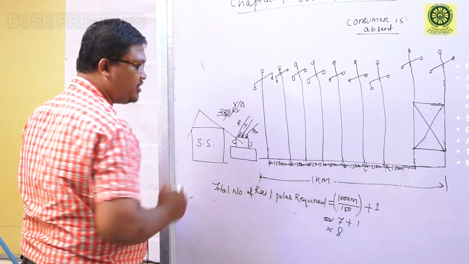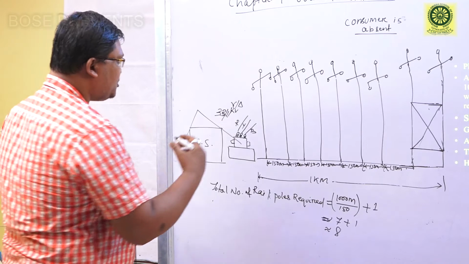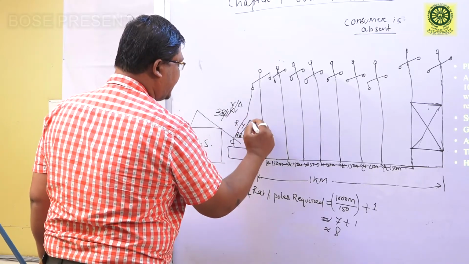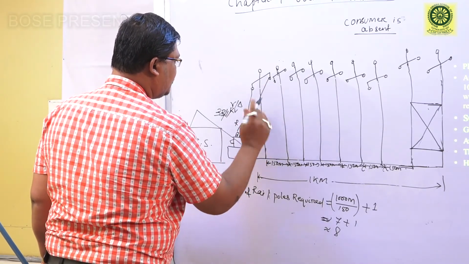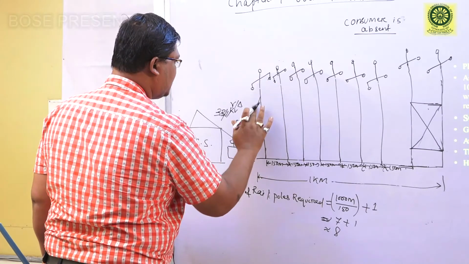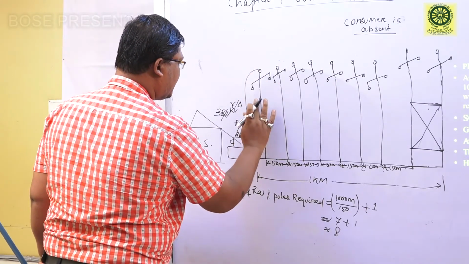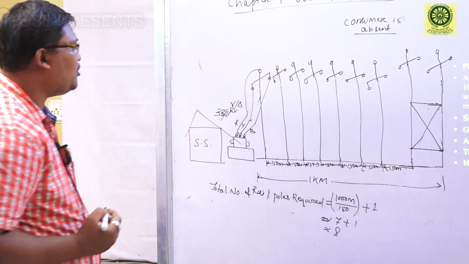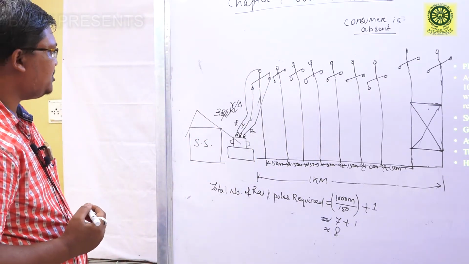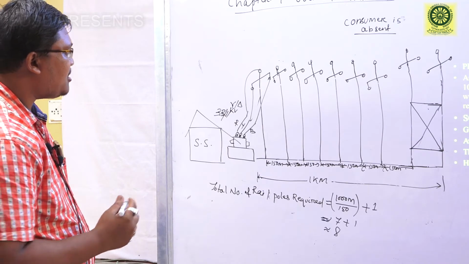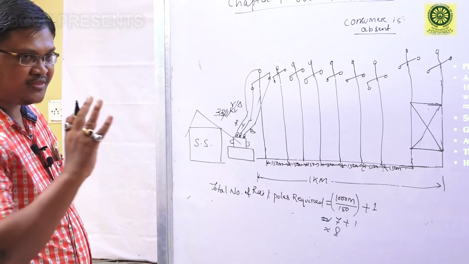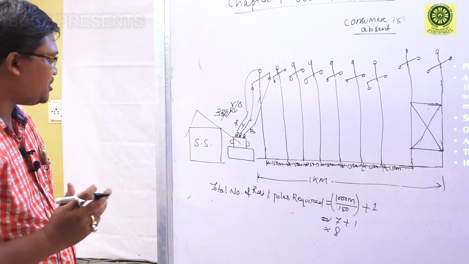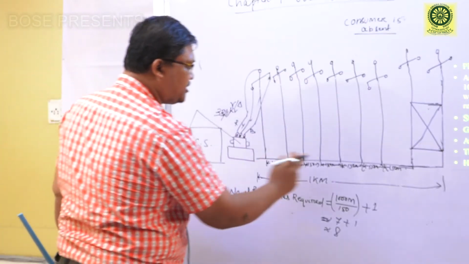That means here neutral is absent. So these three are connected to the first pole.